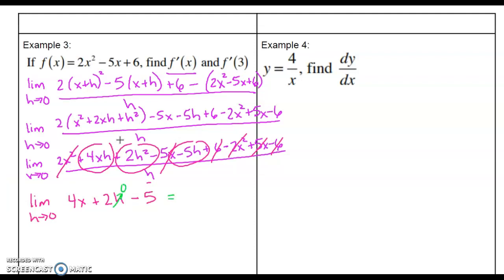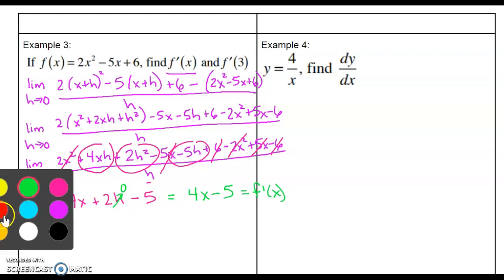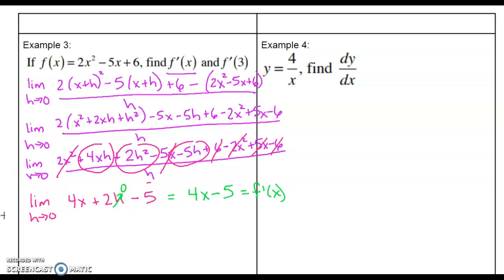So we end up with 4x minus 5, and that's f prime of x. Our slope when x equals 3 is substitute 3 into our derivative. So 12 minus 5 is 7, and that is our slope of the tangent line.